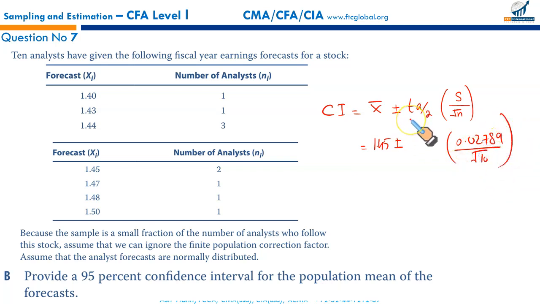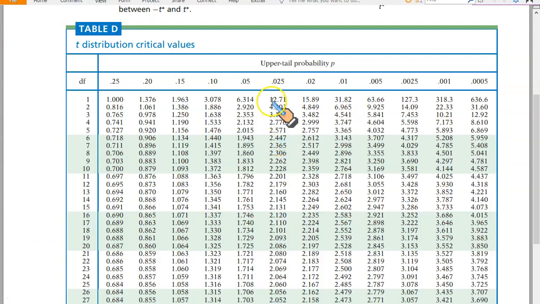Now for this we need to consult the t-table. Remember, 95% confidence interval means that the reliability factor at 0.025 will be needed. n is 10, so the degree of freedom would be n minus 1, that is 9. So let's see what we have in the t-table. t 0.025 at the degree of freedom 9 is 2.262.